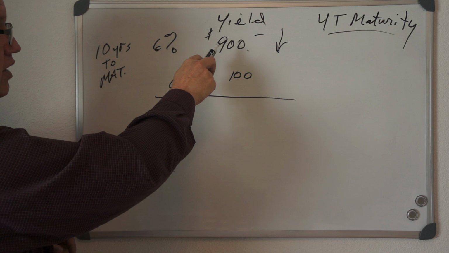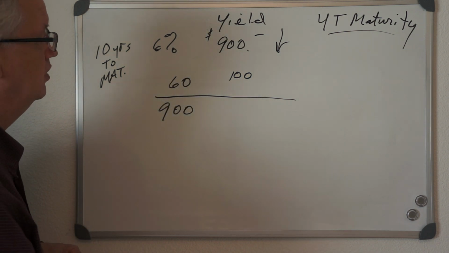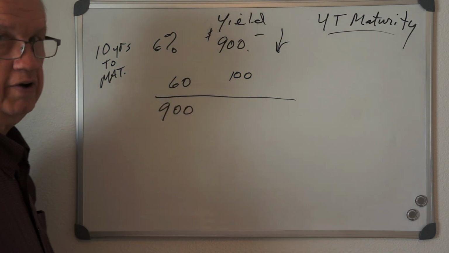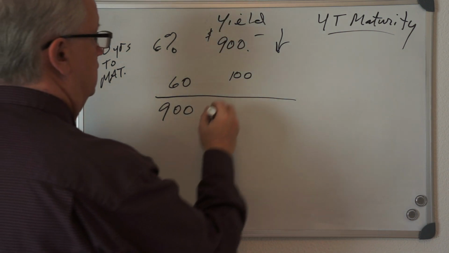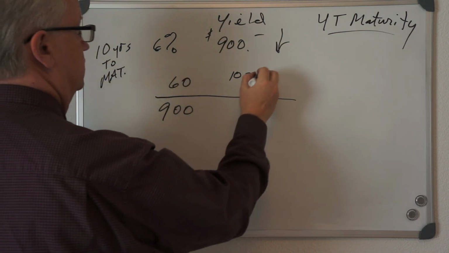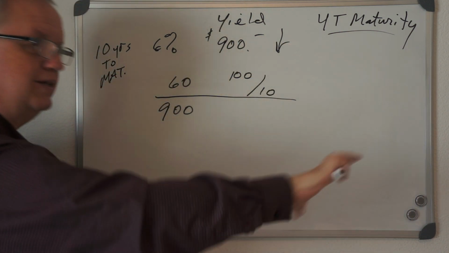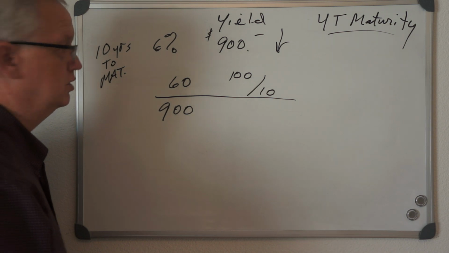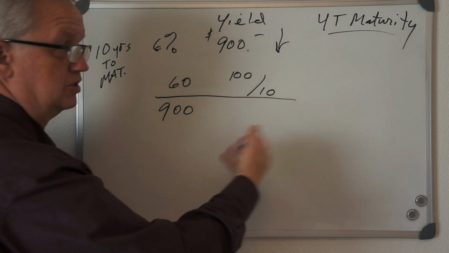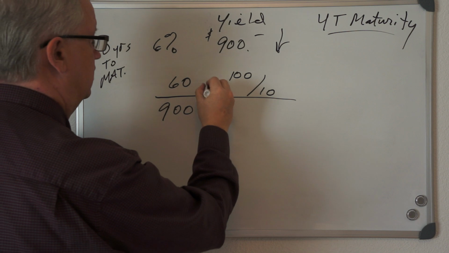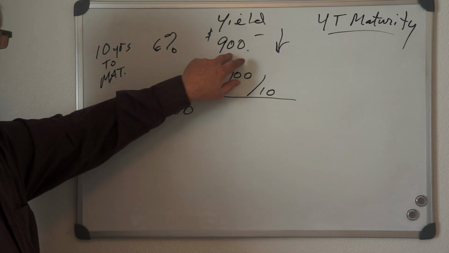I only have to pay $900 for it. So that's going to benefit me $100. What's the maturity? 10 years. We're spreading that $100 over the maturity years. So we're spreading $10 a year. Okay? We're adding it because it's a benefit to us.